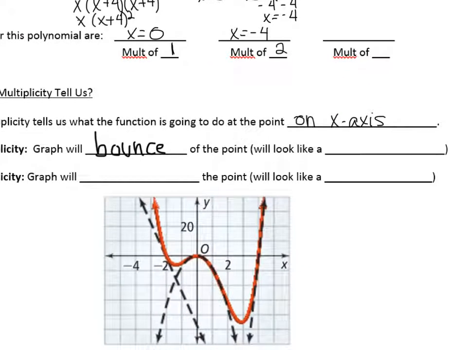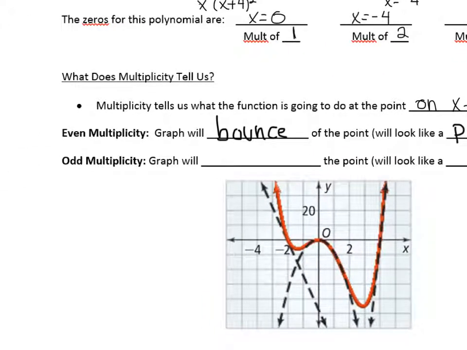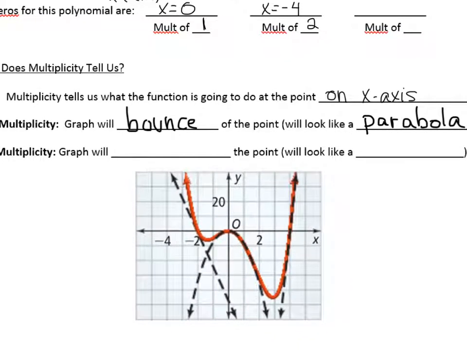And think about it, parabolas come from a degree of 2, which is also an even number. So that should make sense. However, if it has an odd multiplicity, so numbers like 1, 3, 5, 7, any odd number, the graph will go through the point and it'll look like a line because it's going to go straight through it.